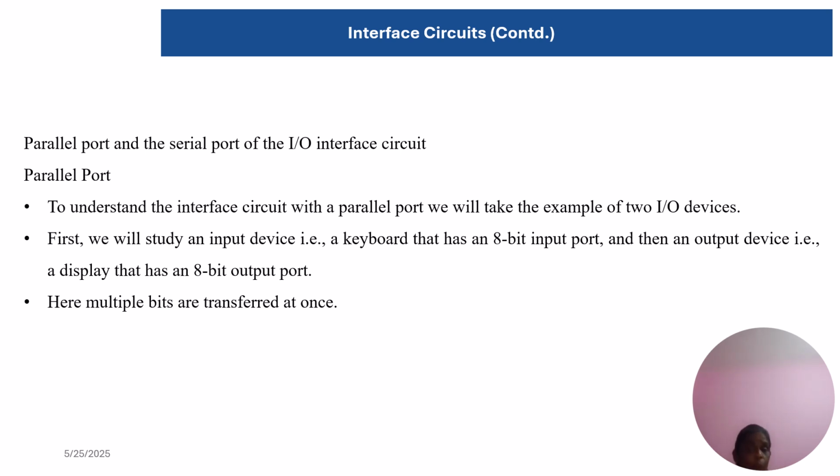So the display is accepting 8 bits, and the keyboard is also giving 8-bit input. So all the characters are 8 bits only. That is the parallel code. So sending 8 bits simultaneously means we need to have 8 parallel lines. Then only the 8 bits corresponding to the character will be sent simultaneously. One by one it is not possible.